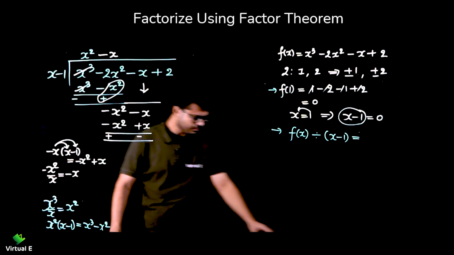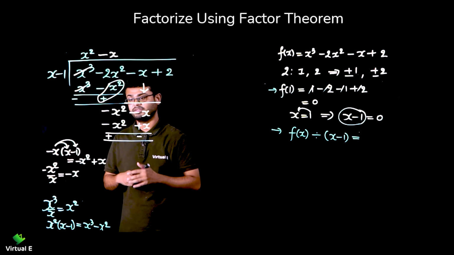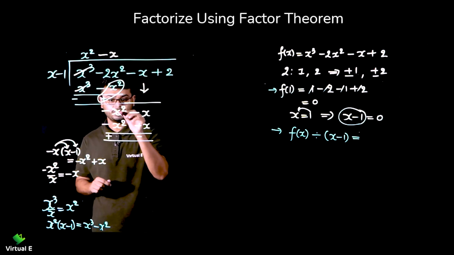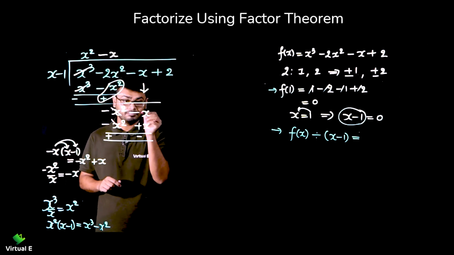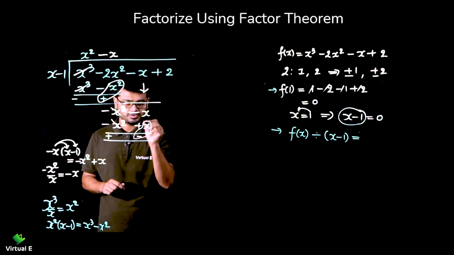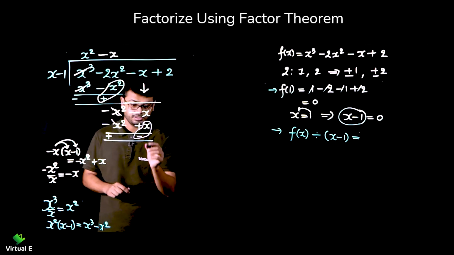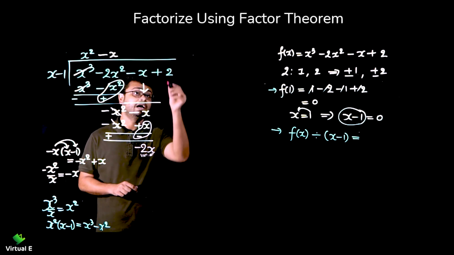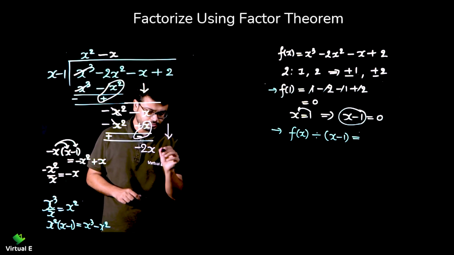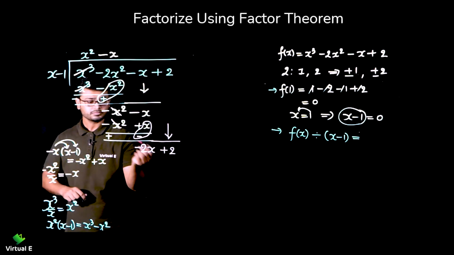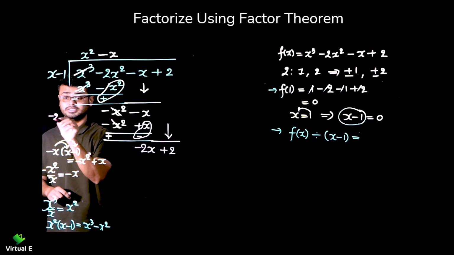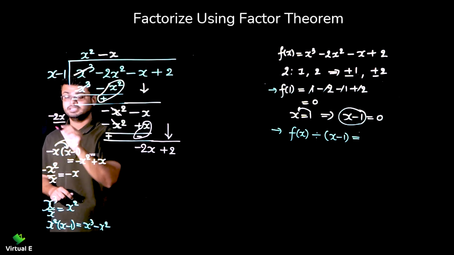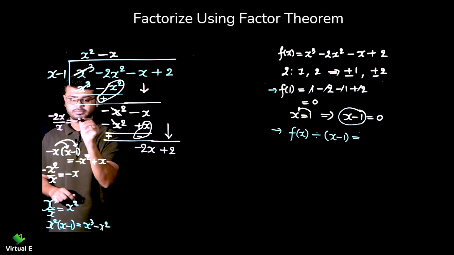So let's start with the simplification. Minus x square and plus x square, minus x, and this is also minus x. Remember, so minus 2x, and let's bring down the positive 2. Okay, so here minus 2x divided by x will give you minus 2.